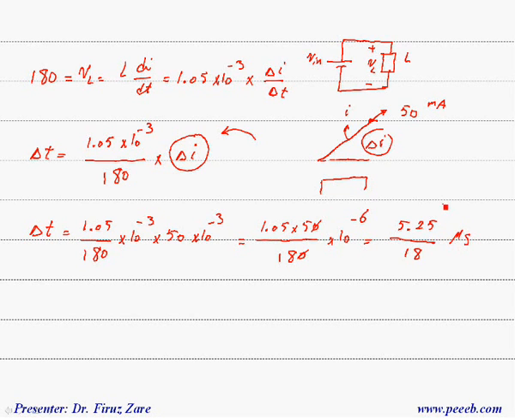So this is the minimum pulse width to guarantee that the thyristor current or inductor current reaches 50 milliamps.